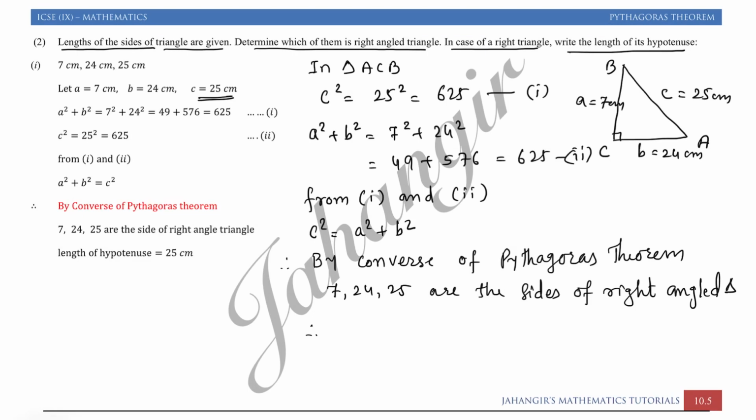So now we also have to mention the length of the hypotenuse. So therefore length of hypotenuse is 25 centimeter. Hypotenuse is the longest side, so always choose the greater side as the hypotenuse.